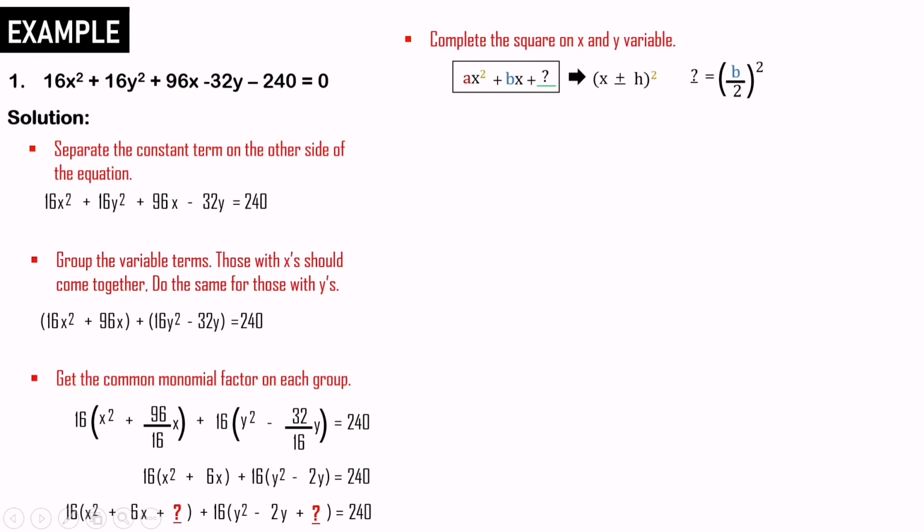Okay, so diri na case, ang ato nang kinahanglan kay ang value ra sa b. So, ang b nato diri, mao maning a diri no, 1 man na siya. Ang b nato kaning positive 6 diri. And diri pod, ang b nato kay kaning negative 2. Okay? So, we have 16, open bracket, x squared plus 6x plus ang atong b kay 6, no?